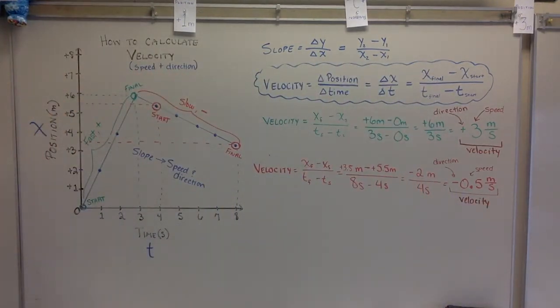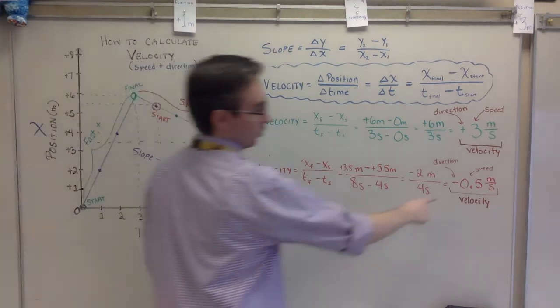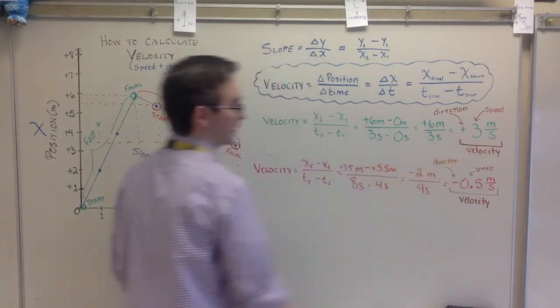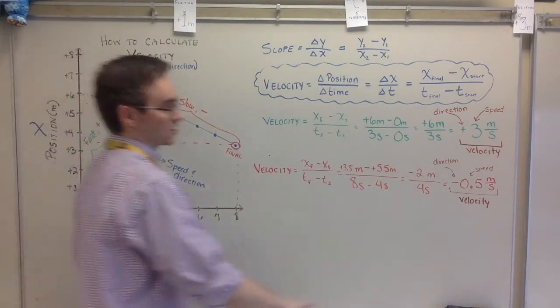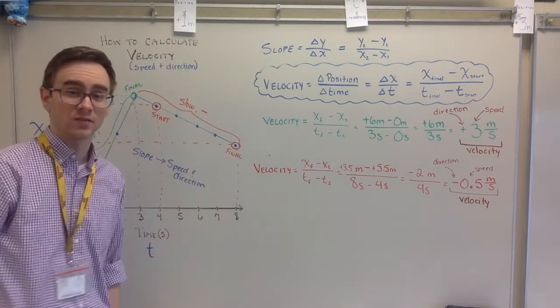All right, our speed and velocity there. Notice I said I thought it was going to be slower. Well, 0.5 is less than 3, and I said they were going to be in opposite directions. It's a negative slope. I ended up with a negative number because it's a negative slope.